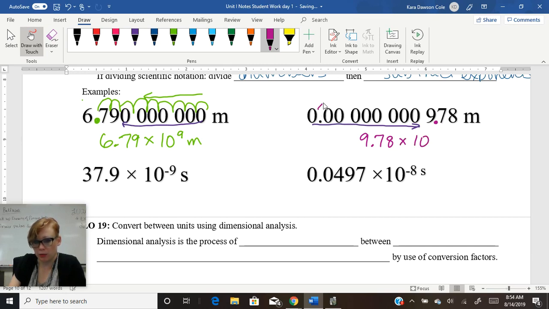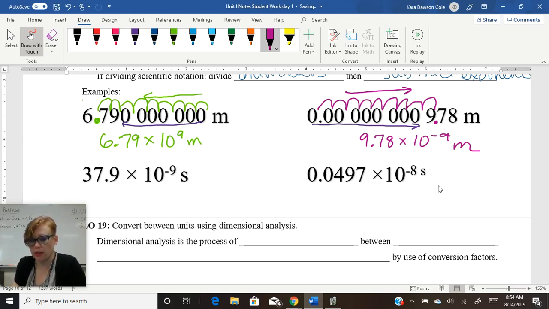Then I'm going to move the decimal point 1, 2, 3, 4, 5, 6, 7, 8, 9. So I'm moving it 9 places to the right. So this is a negative 9 because I have to have a negative exponent there. And then meters goes on the end. Your unit always goes on the end.